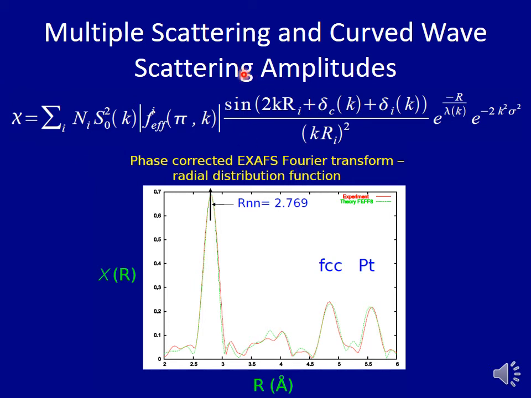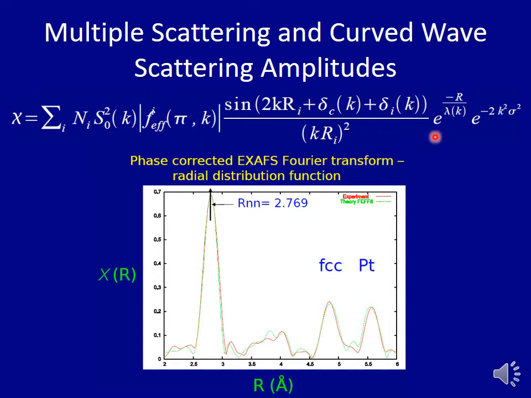And if you combine that also with effective scattering amplitudes, note FEFF here, that's really what the code FEFF is named for, this effective scattering amplitude, which basically takes into account the curved wave effects on the scattering amplitudes or on the equation.